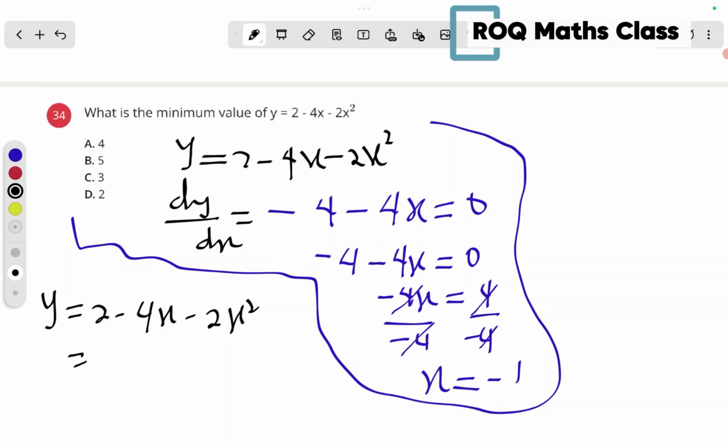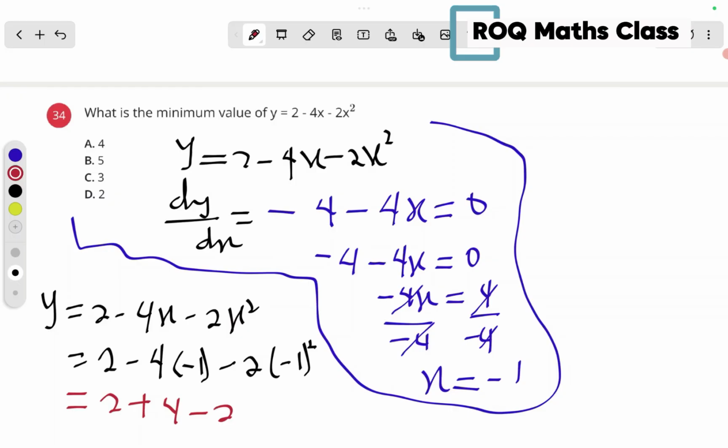Then 2 minus 4, the value of x is minus 1, minus 2 times minus 1 squared. So this is the same thing as 2 minus 4 times minus 1, we are going to have plus 4. Then minus 1 squared is the same thing as 1. 1 times minus 2, we are going to have minus 2. Looking at this carefully, these two cancel. So our final answer is what?